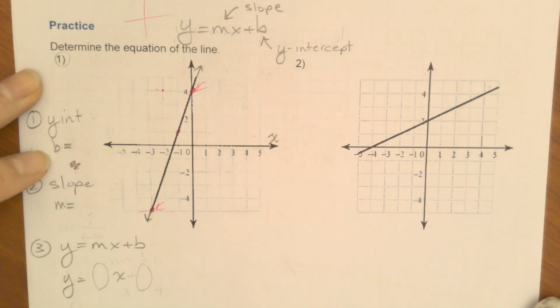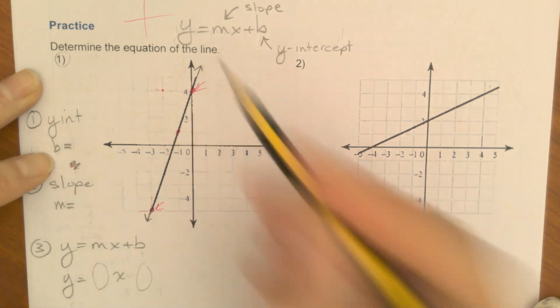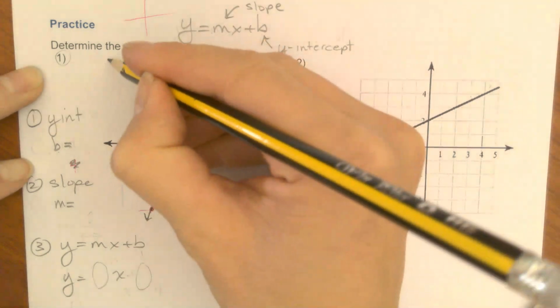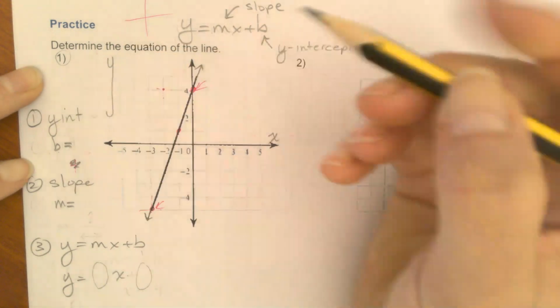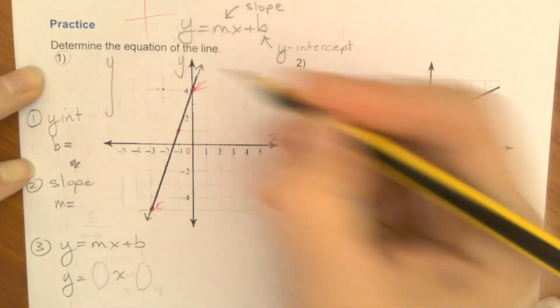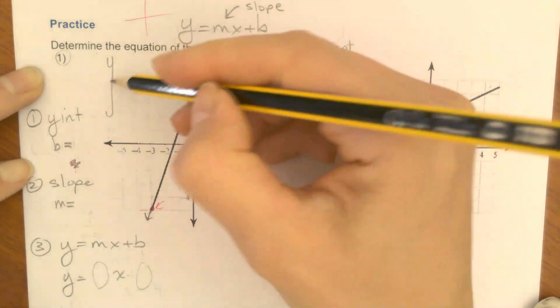Okay, so first, where does this line cross the y-axis? Well, we have to decide which one is the y-axis. Now y looks like this, so the one that's going up and down is the y-axis. So this one is the x-axis. Okay, because y goes up and down.